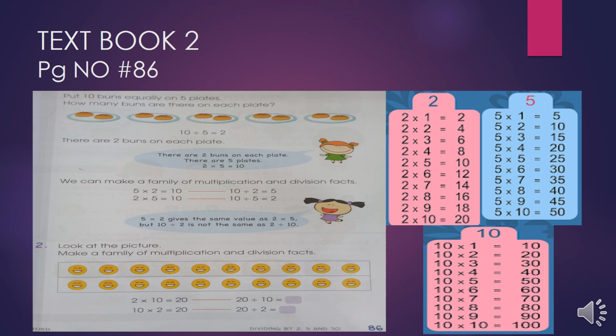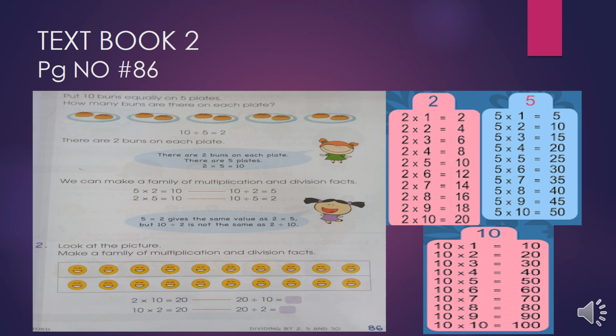So class, on the previous page, we were doing an example. It's not complete yet. The remaining part is on page 86, which we are doing now. In the previous page, we saw that there are 10 buns in total, and when we divide them in groups of 2, we get 5 groups.